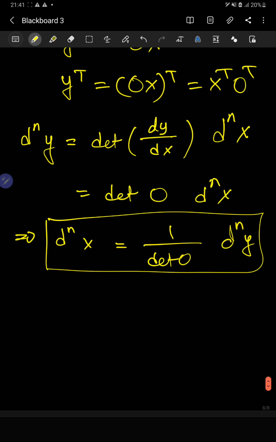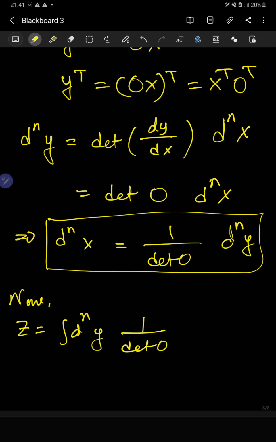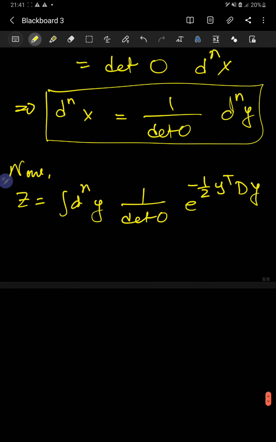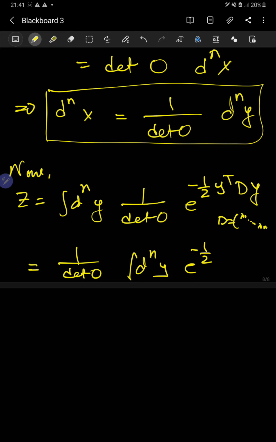If we do the change of variables, it becomes very easy. So now we are done with the changing variable things. We have y transpose D y, and we can take the determinant out. So we have exponential of minus half y transpose D y. Note that D is a matrix with diagonal entries.